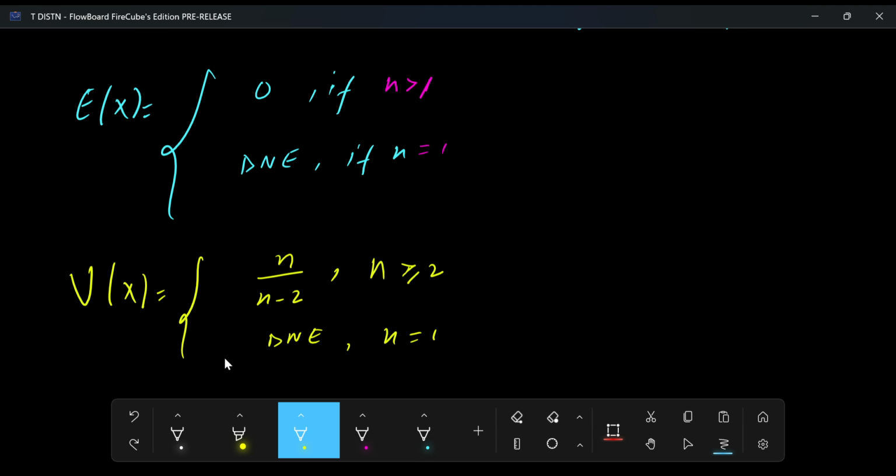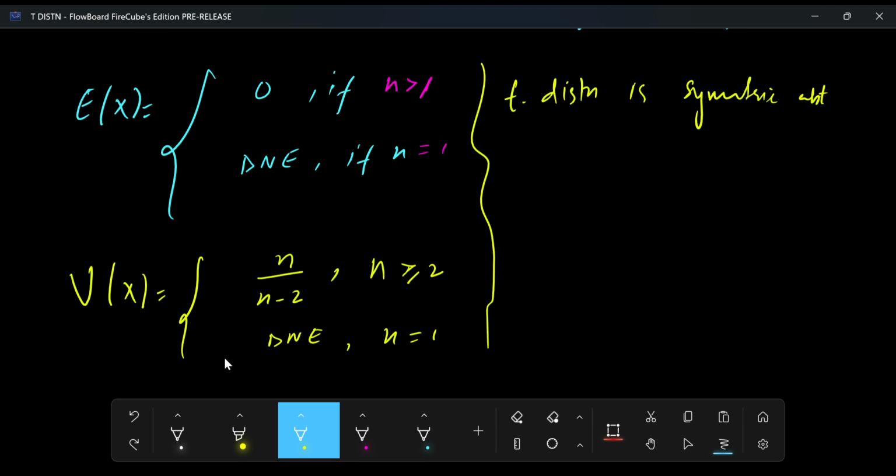As you remember, this t distribution is symmetric about 0. So whenever the distribution is symmetric about some point, then the expectation will be that point. So it's symmetric about 0, expectation will be 0.